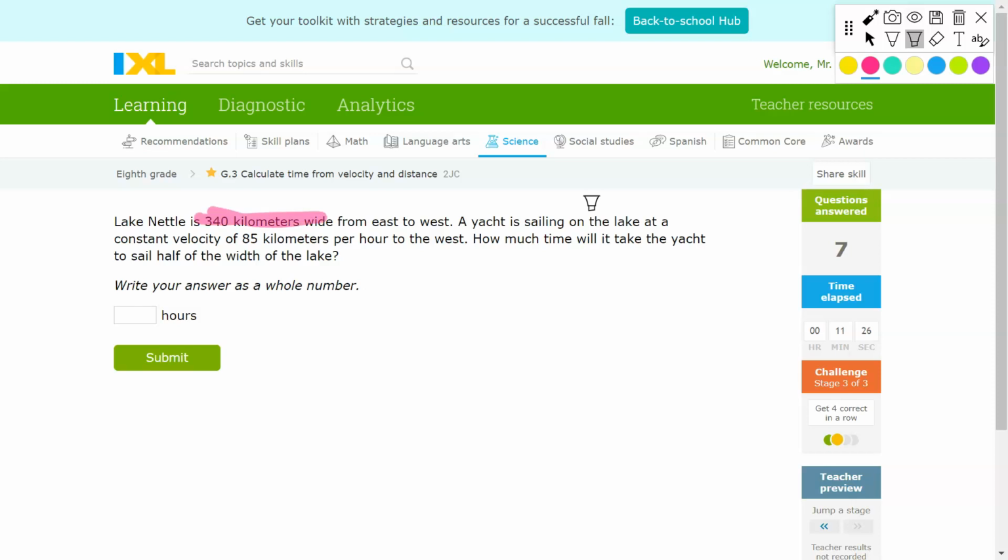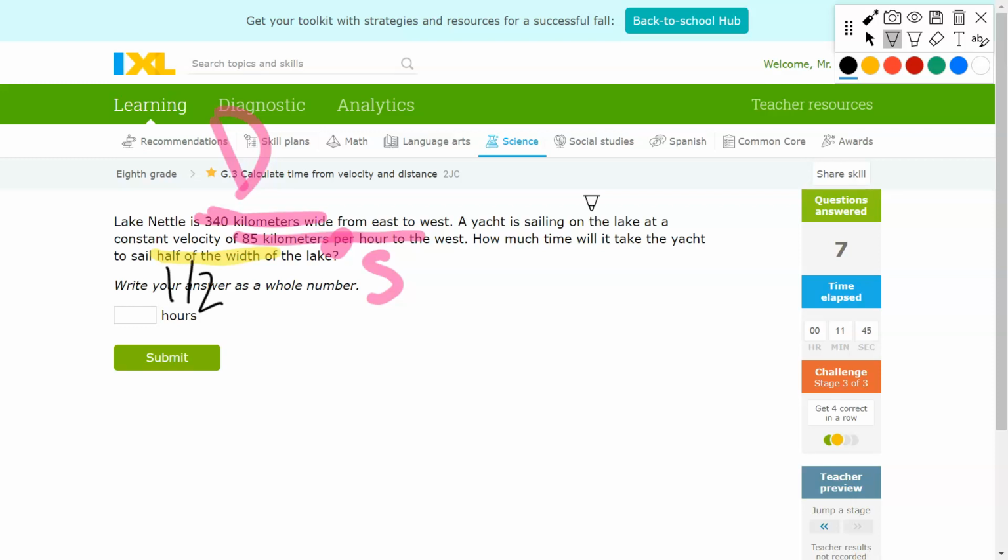Alright, next question. 3,040 kilometers, that is your unit of distance. 85 kilometers per hour is your speed. Let's see, sailing half of the width. So once again, since we're saying half, that must mean the distance needs to be cut in 2.